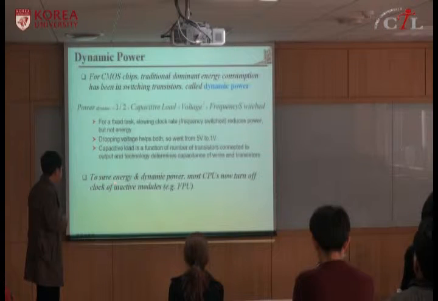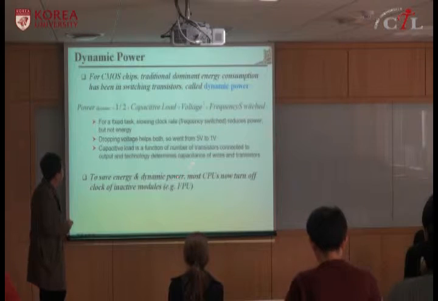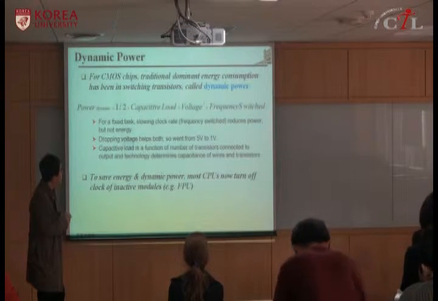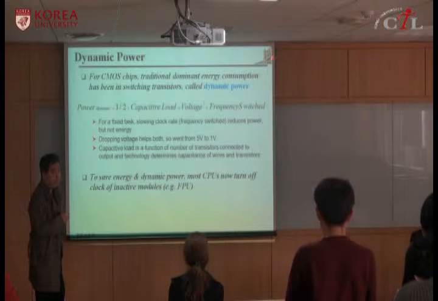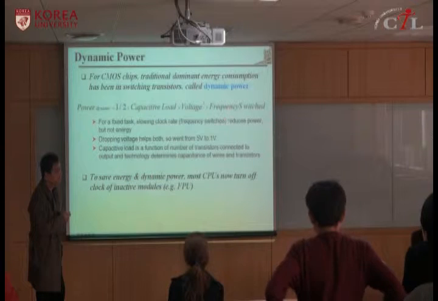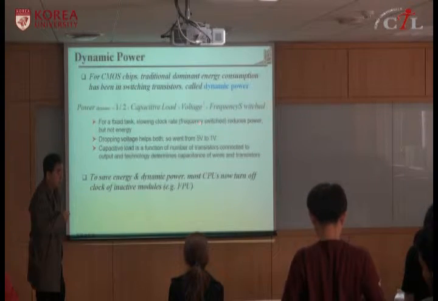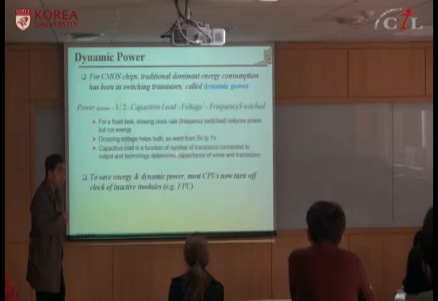So to save energy and dynamic power, first you can do voltage and frequency scaling, which means you can decrease your frequency and at the same time decrease your voltage. Then you can decrease your power consumption and energy consumption.